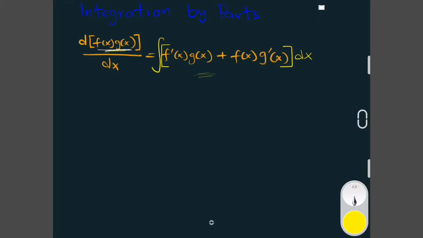But since this is an equation, whatever we do to one side, we must do to the other side. So we will also take the antiderivative of this side with respect to x.